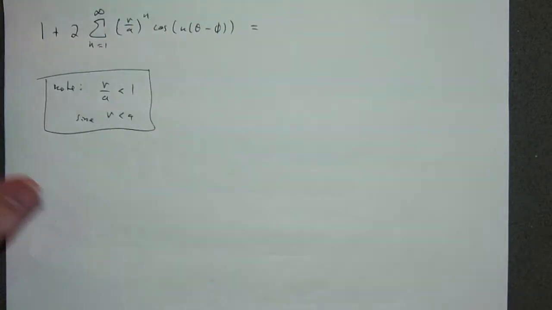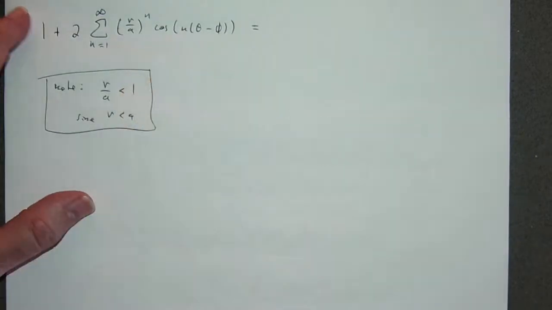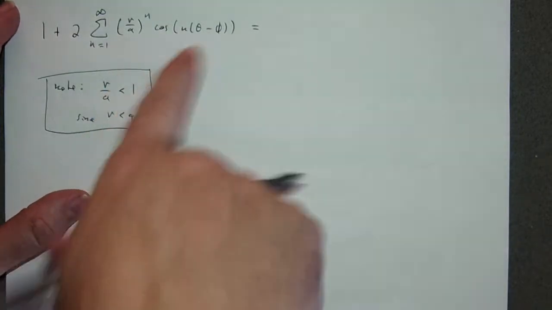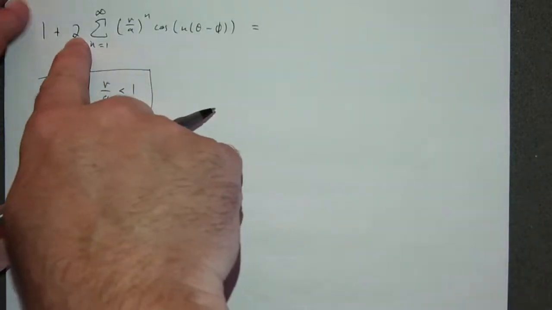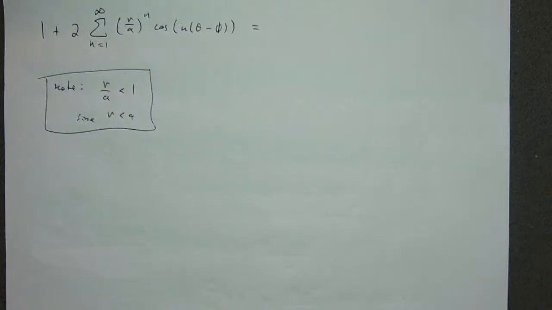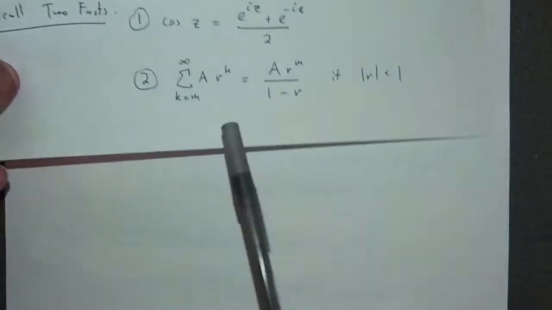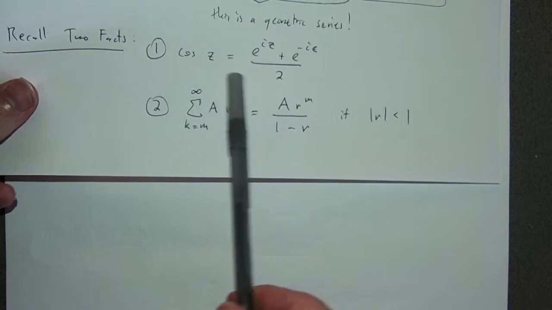So that's the first thing that tells you that the size of that is nice. But what about this? Well, let's rewrite this using what I just wrote about complex exponentials. So this 2 multiplied by the 2 in the denominator cancels out, and I'm left with these complex exponential terms.